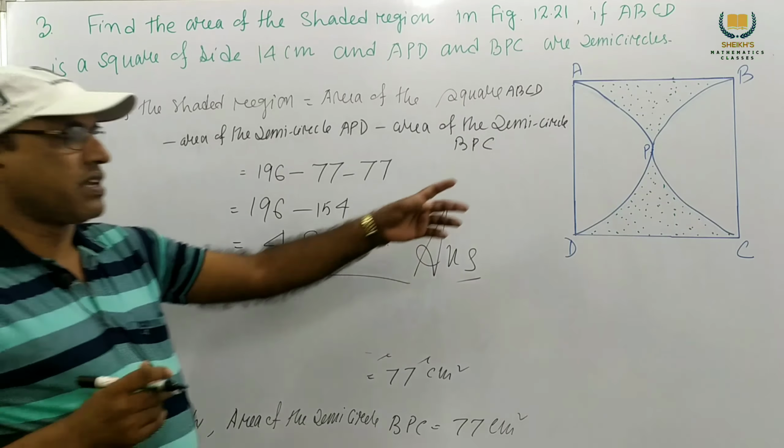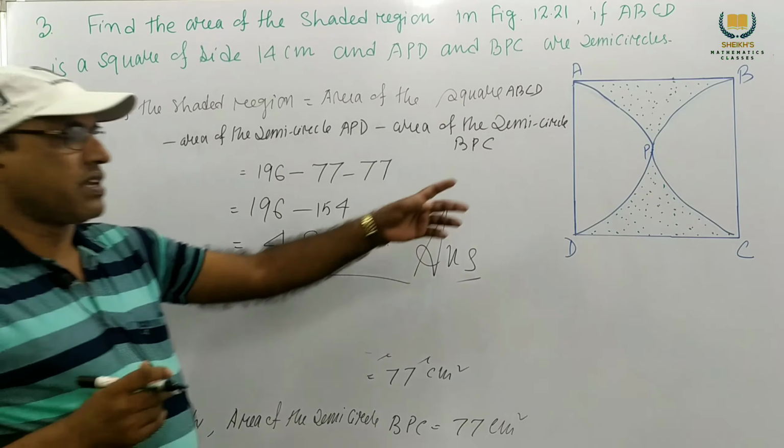The problem given: find the area of the shaded region in figure 12.22 where a circular arc of radius 6 cm has been drawn with vertex O of an equilateral triangle OAB of side 12 cm as center.